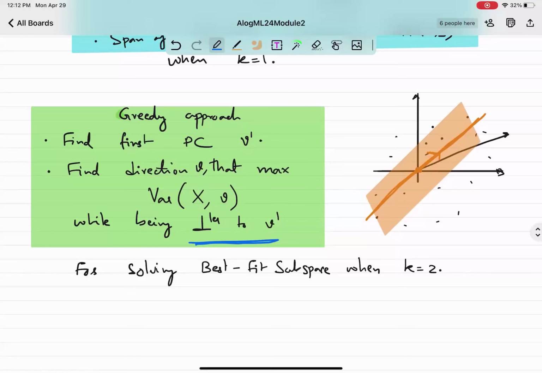So we want to find something which is perpendicular to v1. There are many vectors which are perpendicular to v1. Remember, even something which is outside this will be perpendicular to v1. But find something which is perpendicular to the first principal component and maximizes this.